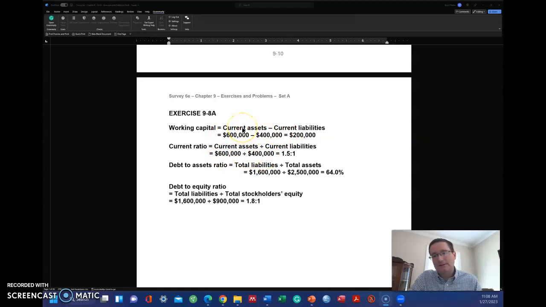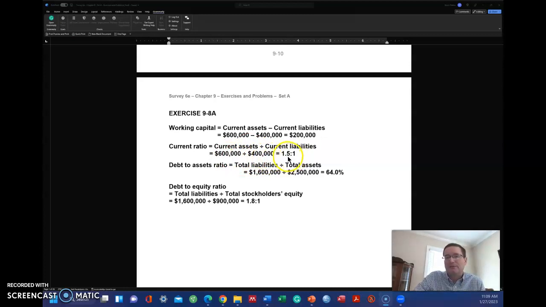Current assets are always on top. Assets are always on top in these current ratio, or quick ratio, or the acid ratio, or all the other ratios similar to that. So 600,000 divided by 400,000 is 1.5 times.